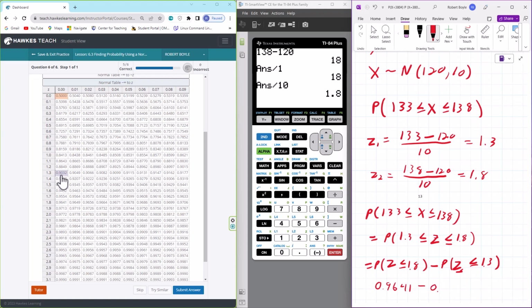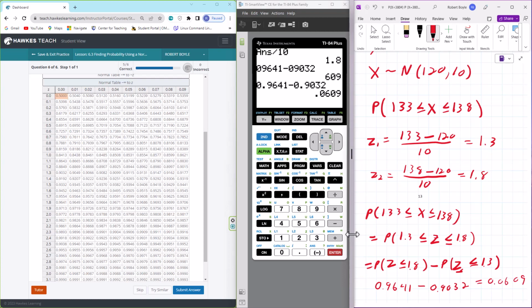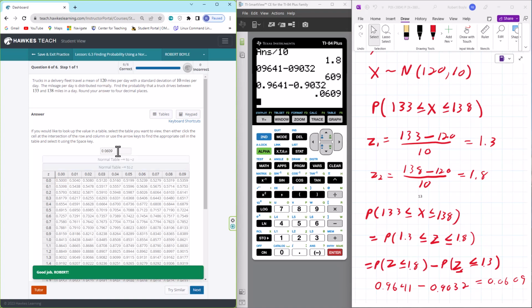Okay, let's get back to our calculator. 0.9641 minus 0.9032. And that gives me 0.0609. Well, let's see if that's right. 0.0609. And there you go.